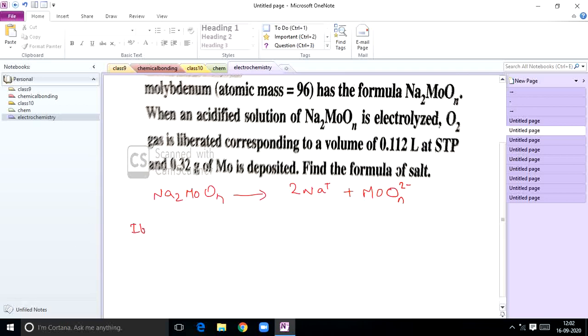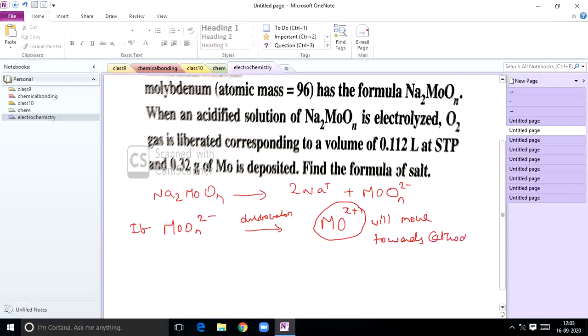If MoON 2 minus undergoes dissociation, it dissociates into Mo to the power x plus, and you don't know the charge, Mo^x+, and this ion, cation, will move towards cathode, right?